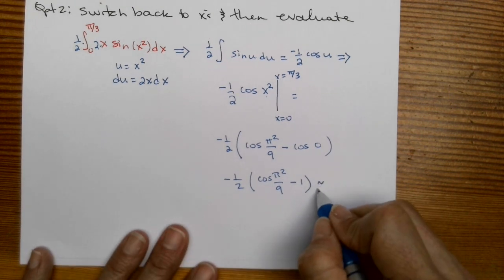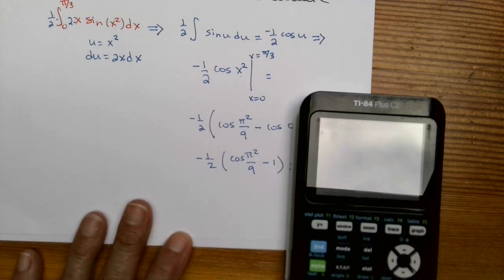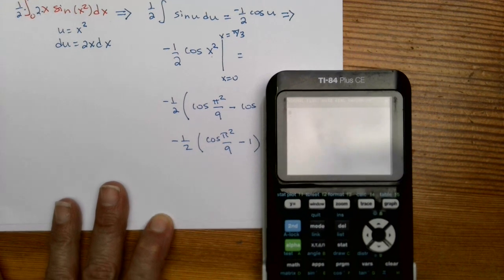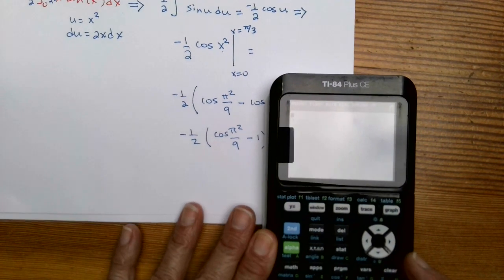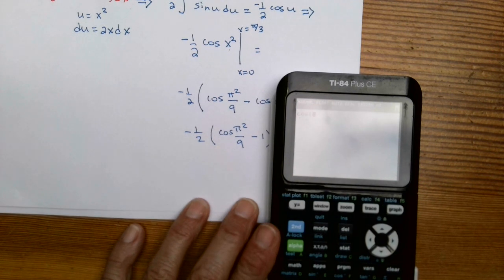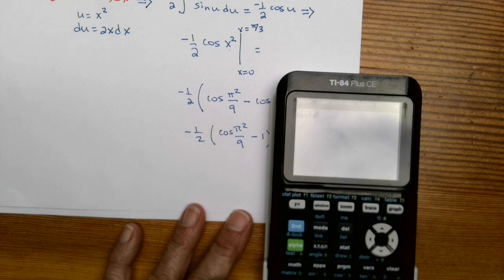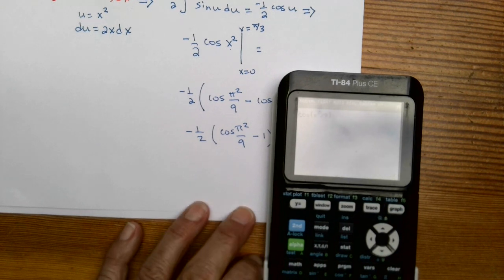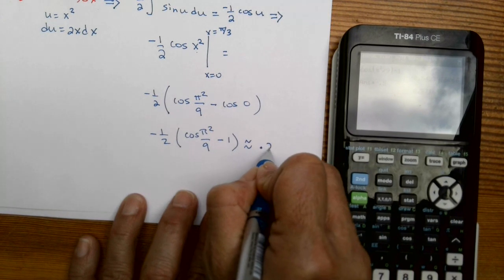If we wanted to get an approximate answer, I'll grab my calculator here. I made sure I was in radian mode before I turned this on. So we have the cosine of pi squared divided by 9 minus 1, times negative 0.5.